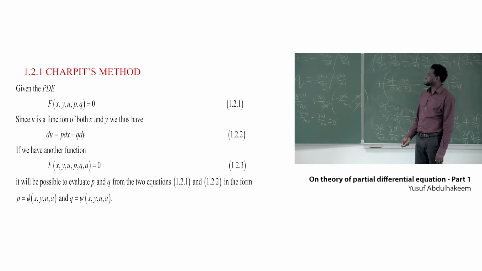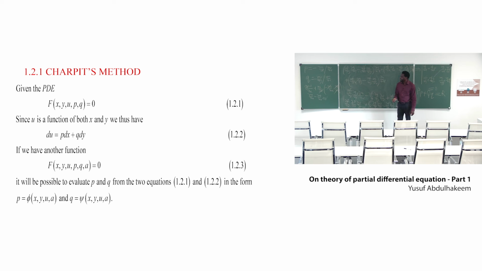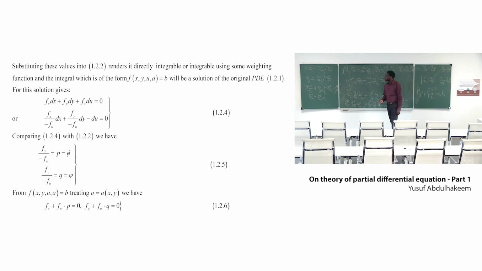Then it will be possible to evaluate p and q from the two equations, 1.2.1 and 1.2.2, in this form here. p equals φ of x, y, u, a, and q also equals ψ of x, y, u, a.